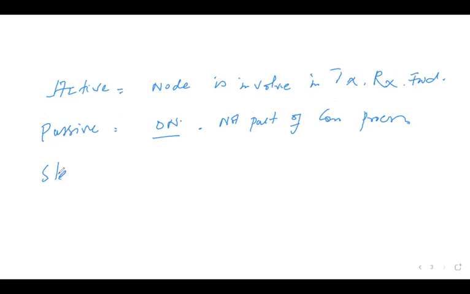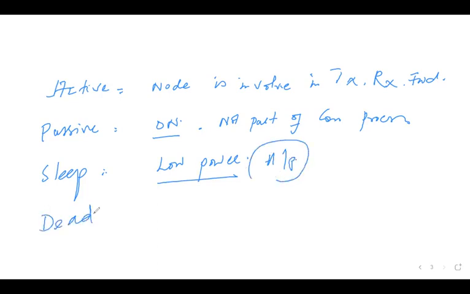Similarly, if we have a look at sleep mode, then this is the low power mode, where the node is neither active nor passive. And similarly, dead node means that the node is dead, which means that its energy is fully exhausted, and it has no more power to be part of the communication process.